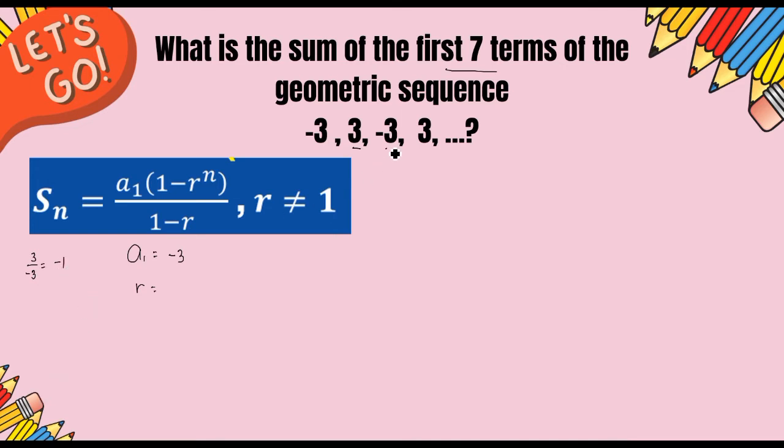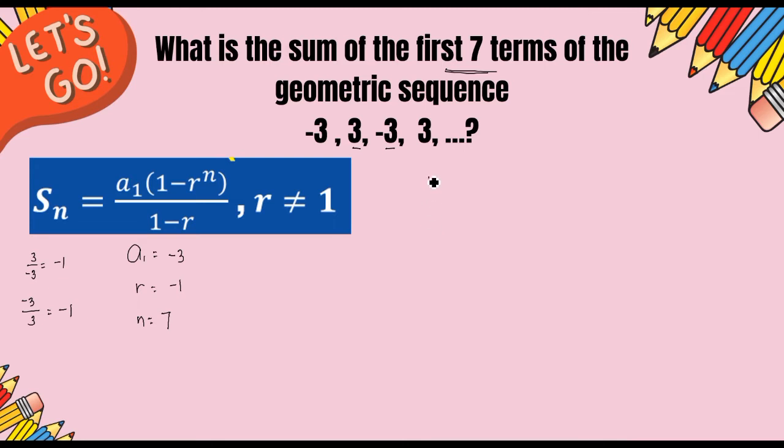To double check, kunin yung third term, negative 3. I-divide natin sa second term, which is positive 3. So, that is also negative 1. So, na-confirm po natin na ang kanyang ratio ay negative 1. Ano ang n? So, ang hinahanap dyan ay first 7 terms. So, ibig sabihin, ang n natin ay 7.